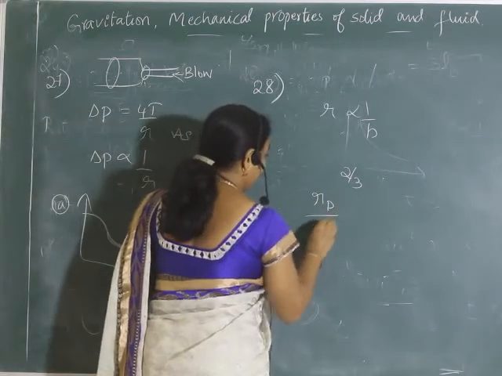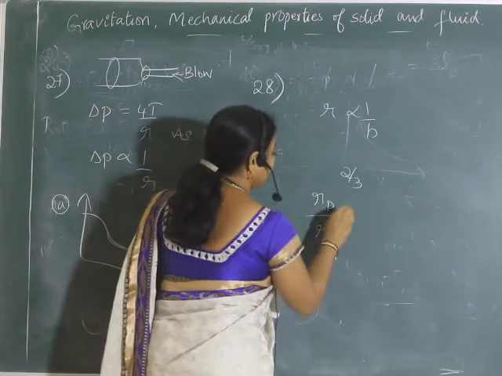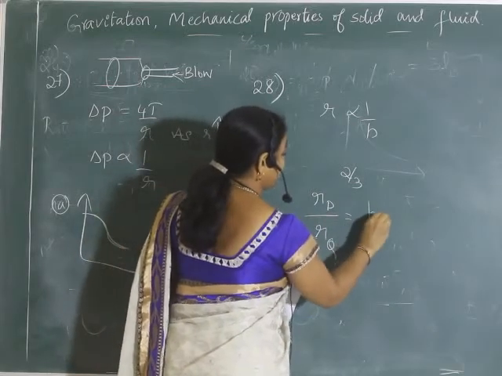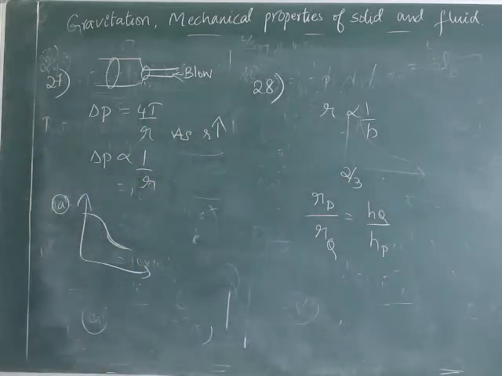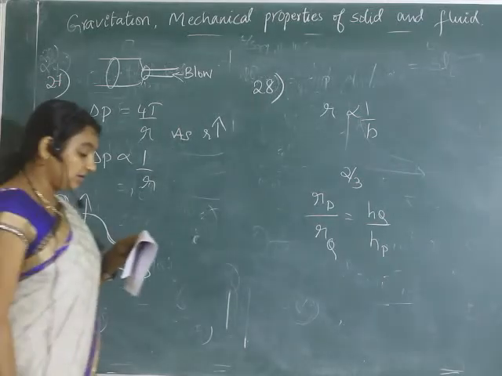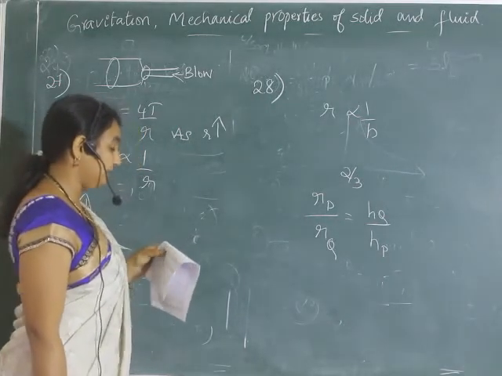RP by RQ is equal to HQ by HP. Correct? How to solve this? What is the height they have given?